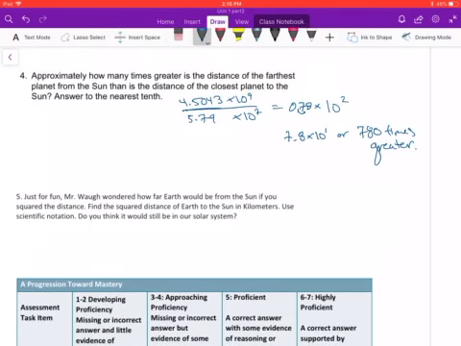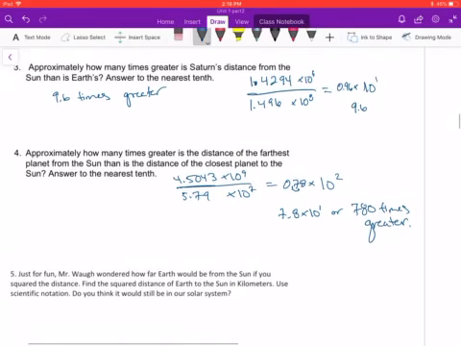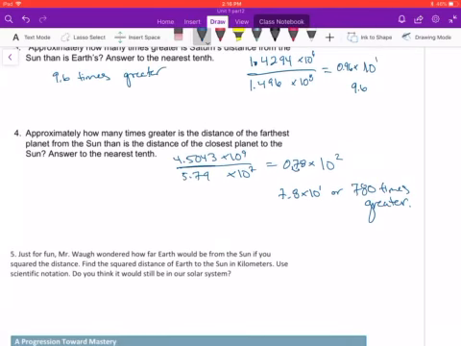And let's look at this last one. Just for fun, I wondered how far Earth would be from the sun if you squared the distance. So the distance Earth is from the sun is this one. Remember, that's Earth. So I'm going to take Earth's distance and I want to square it. And to square it, remember, when you raise a power to a power, you multiply the exponent, so it'd be 10 to the 16.